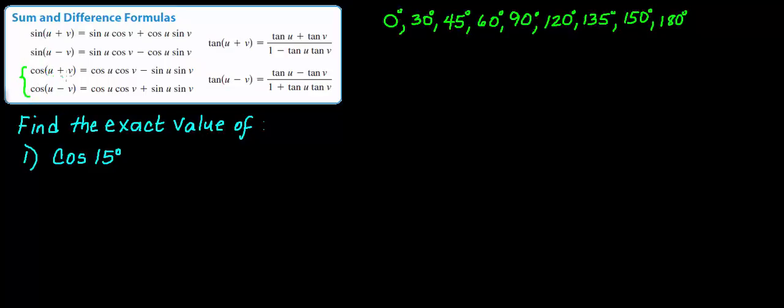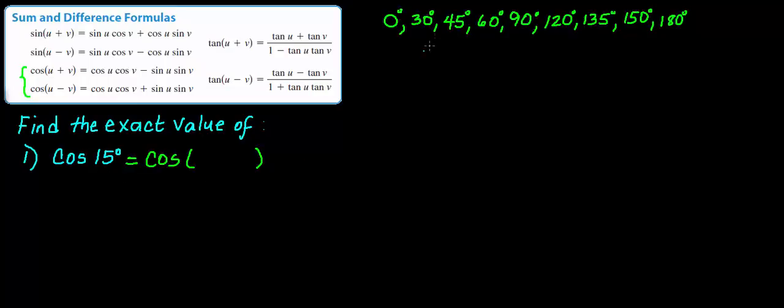It tells me that the angle I can split into a sum, or I can split into a subtraction. So 15 degrees, what this rule is saying is take 15 and split it up into a sum or a difference where your result is still 15.